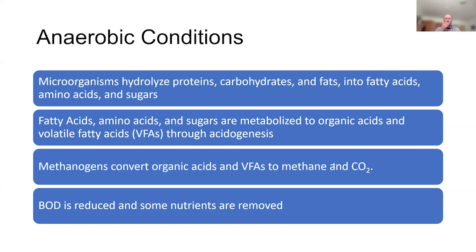That's a lot of fancy words, but the basic idea is that throughout this process, these different types of organisms take these longer, more complex carbon chains, such as proteins and carbohydrates, things that are bigger, and break them up into smaller and more manageable bits. Eventually they turn them into carbon dioxide and methane, the most simple forms of carbon.